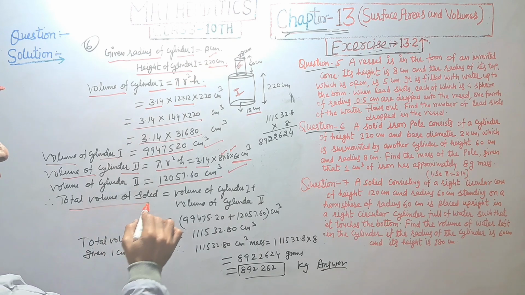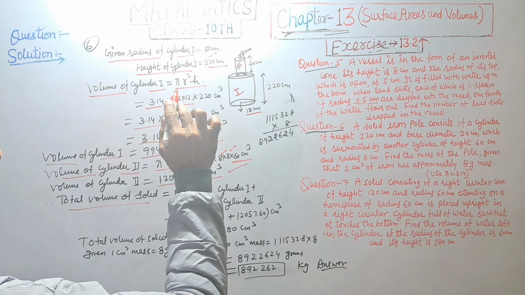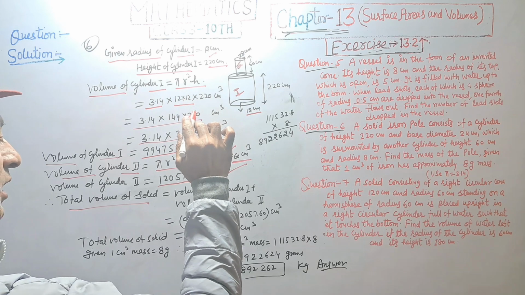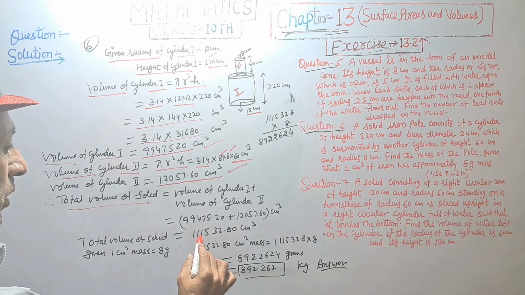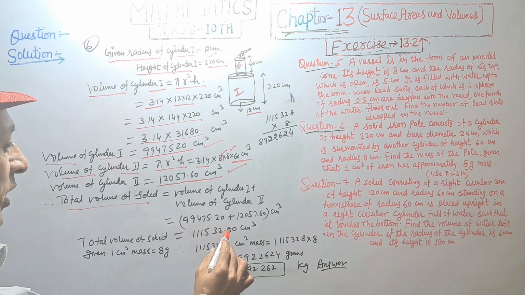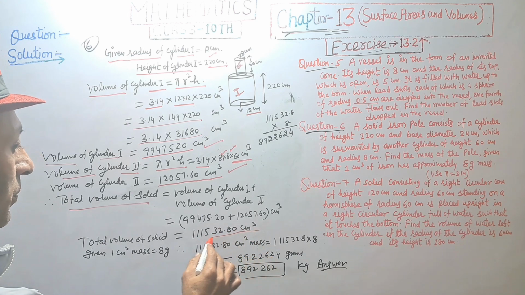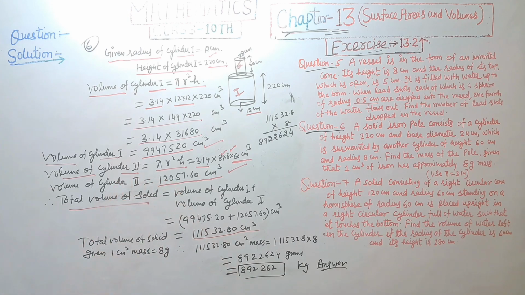And total volume of solid, volume of cylinder first plus volume of cylinder second, and we get 111532.80 centimeter cube. Its total volume of solid.